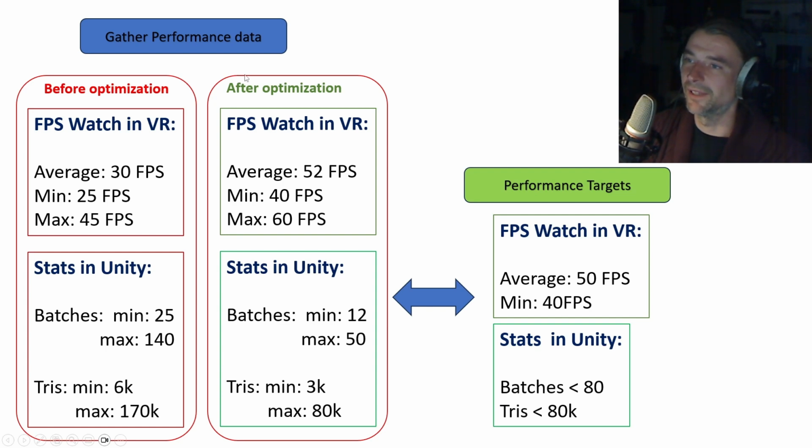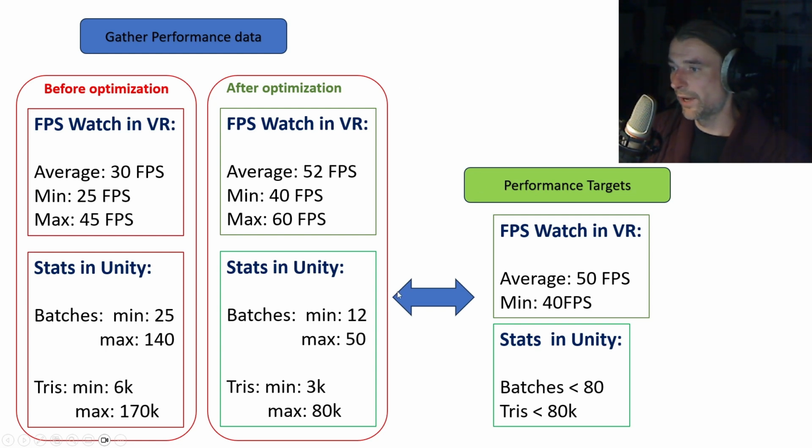Then if you see, after optimization, we managed to increase the amount of FPS significantly. The average was 52, the experience never dropped below 40, and sometimes it was even 60. Also, the stats window in Unity was showing very little amount of batches and triangles.